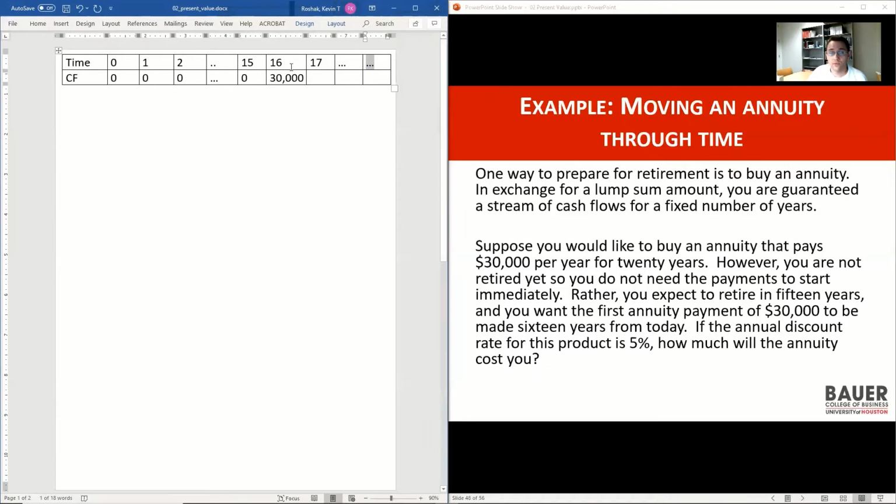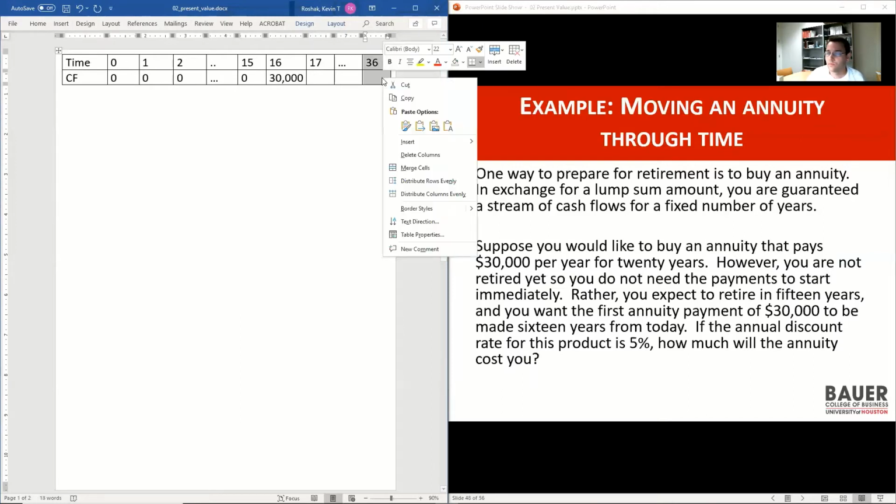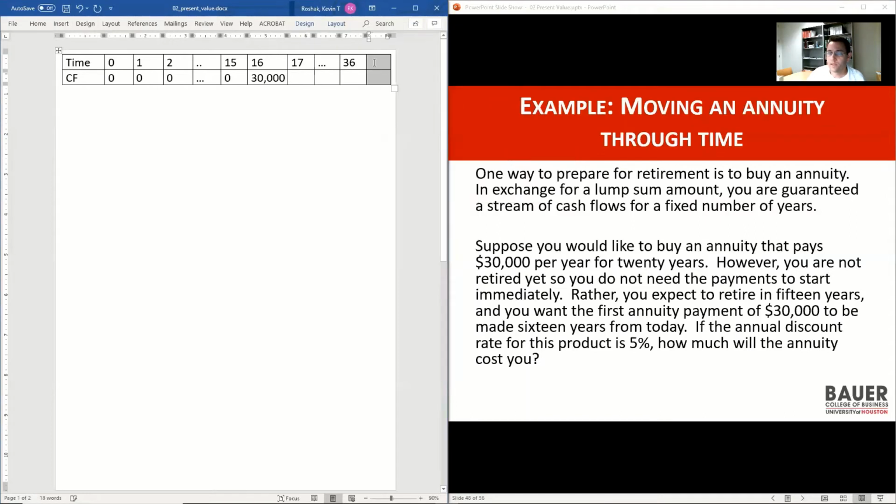So if you start at year 16, you want to get paid 20 times, which takes us to year 36. After that, it's an annuity, so it has a fixed end date. There's nothing after those 20 years, so in year 37 you get nothing. We're back to 0.